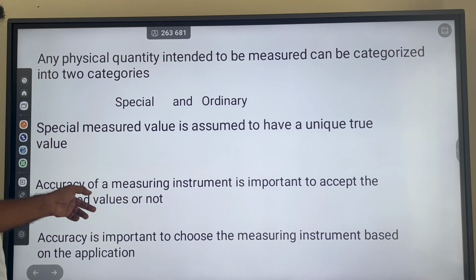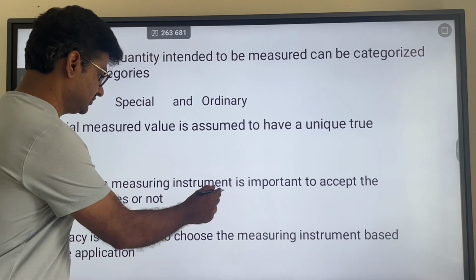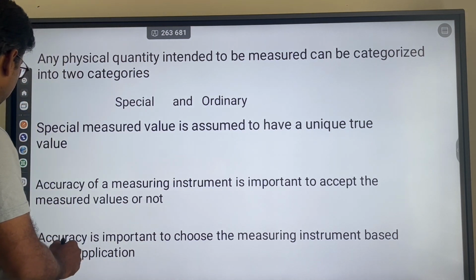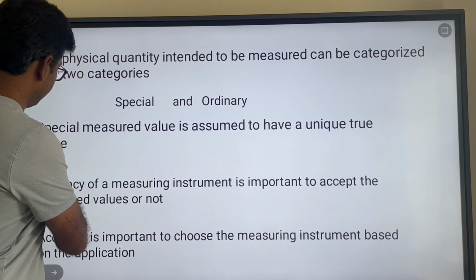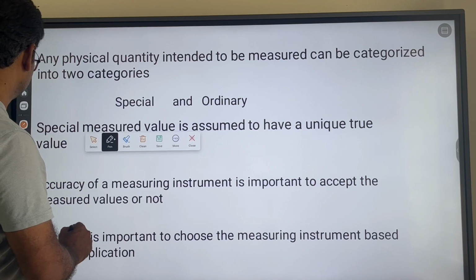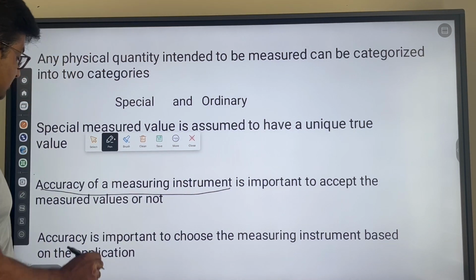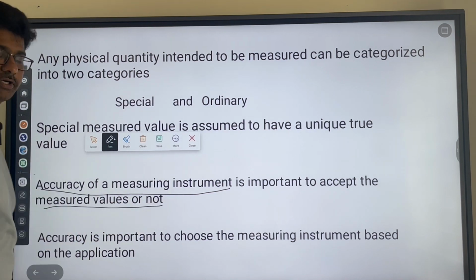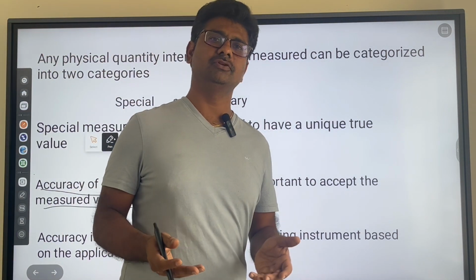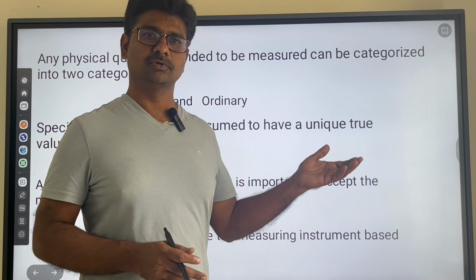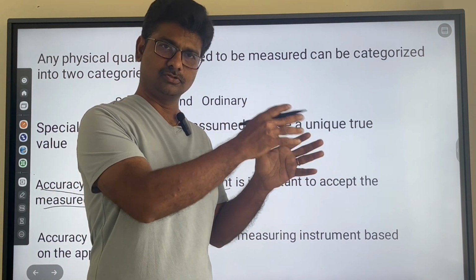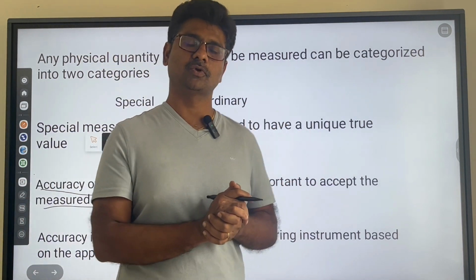So accuracy, I told you, accuracy of a measuring instrument, what is its purpose? To accept the measured values or not. Suppose they are not accurate: you have a true value, you are using a measuring device, and you are measuring the same physical quantity again.